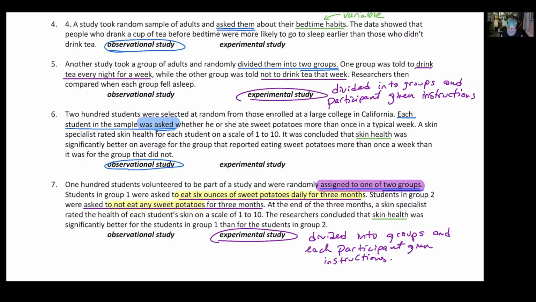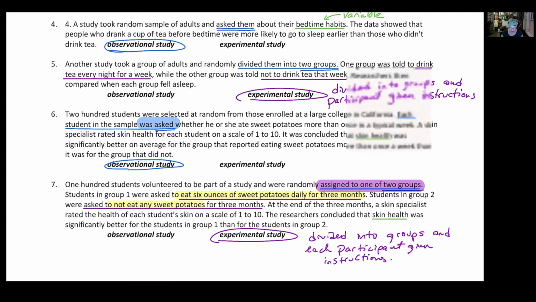You'll notice that a lot of these say, like in number 6, students were randomly selected. And in number 7, students were randomly assigned to one of 2 groups. That randomness that it's telling you is a very important thing, because that randomness gives us something special.